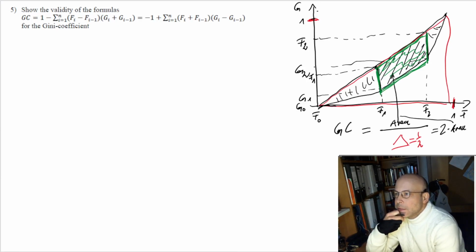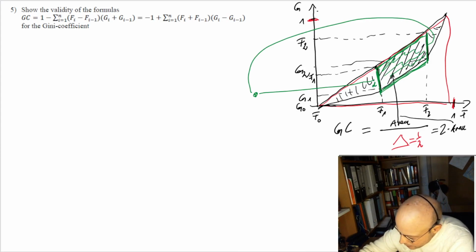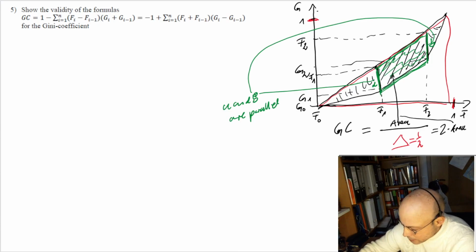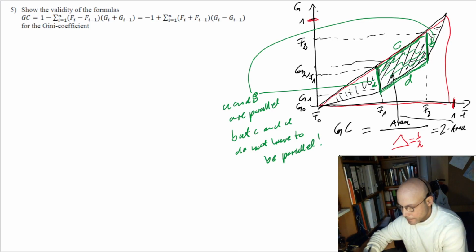We have only two sides which are parallel, A and B. A and B are parallel, and C and D do not have to be parallel. Yes, this is a trapezoid.